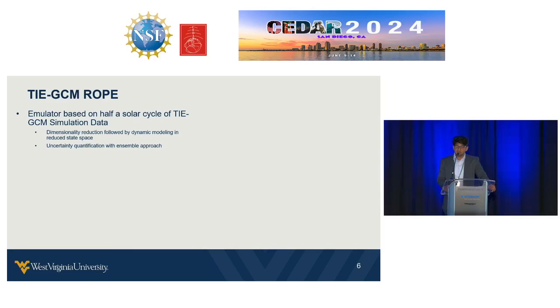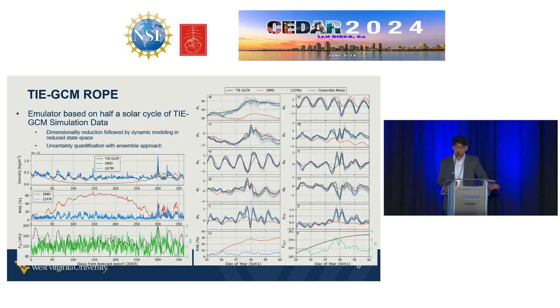So a little bit of what we've been able to achieve and where we are at right now. So like I said, the two steps are dimensional reduction and then dynamic modeling. One of the advantages of doing this in a reduced state is that it allows uncertainty quantification. And like I said at the beginning, that becomes an increasingly critical piece as we advance into the new space economy with more and more constellations coming online.